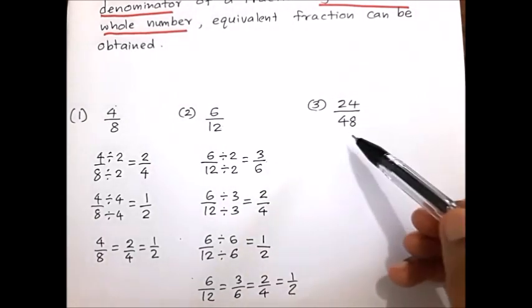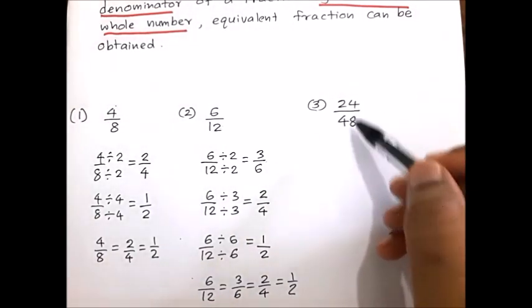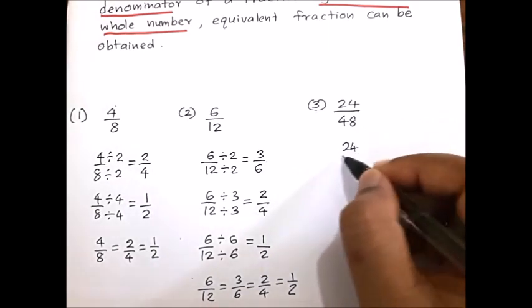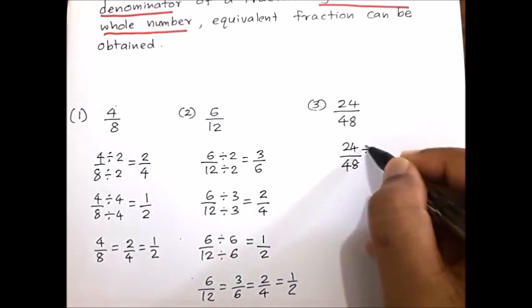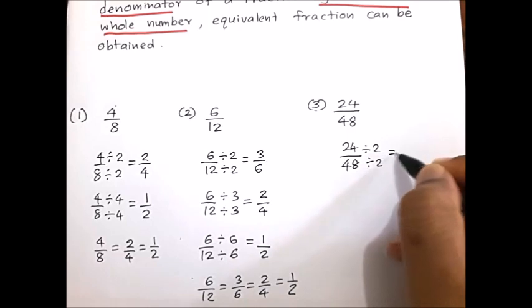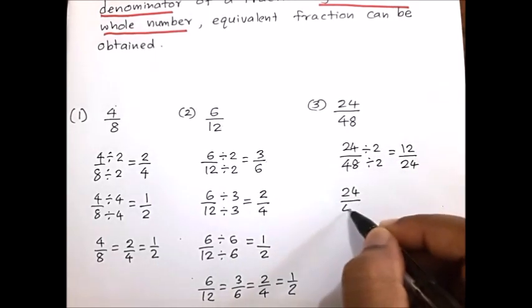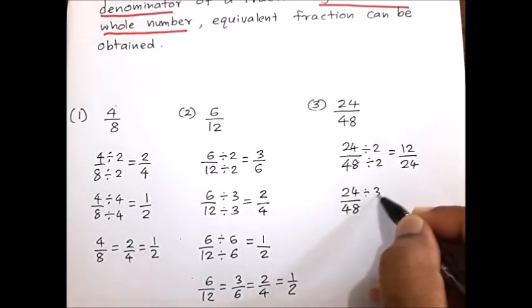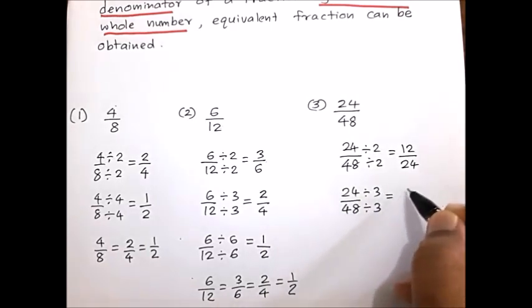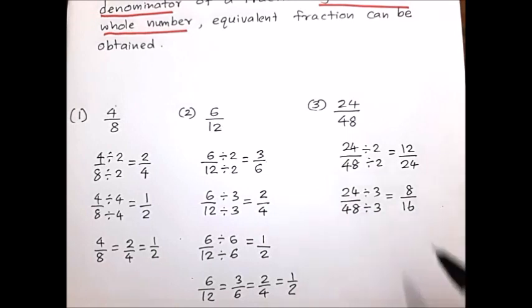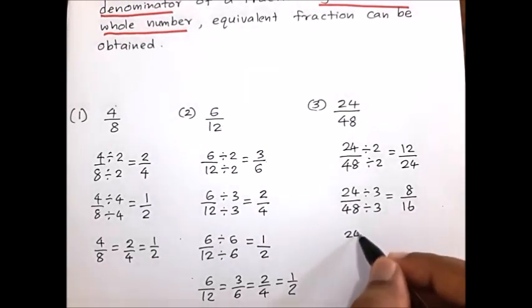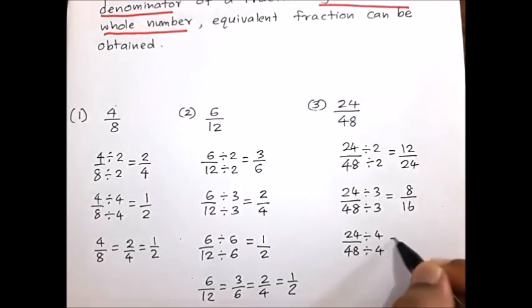Look at this third example, 24 over 48. You can divide both by 2. It is 12 over 24. Then I am going to divide both numerator and denominator by 3. It is 8 over 16. Then you can divide both by 4. 6 over 12.